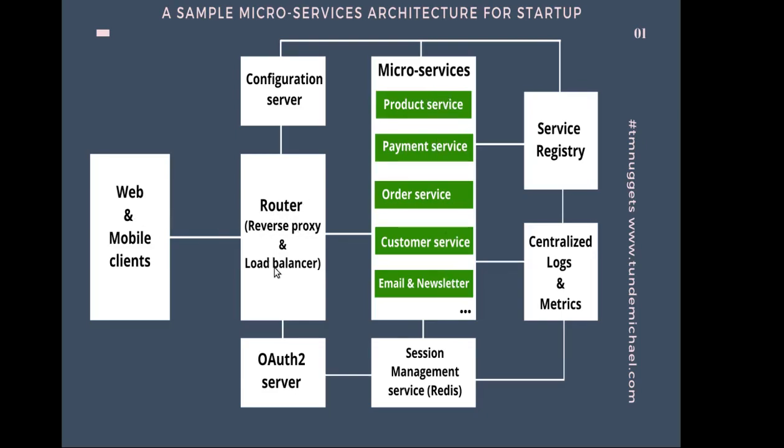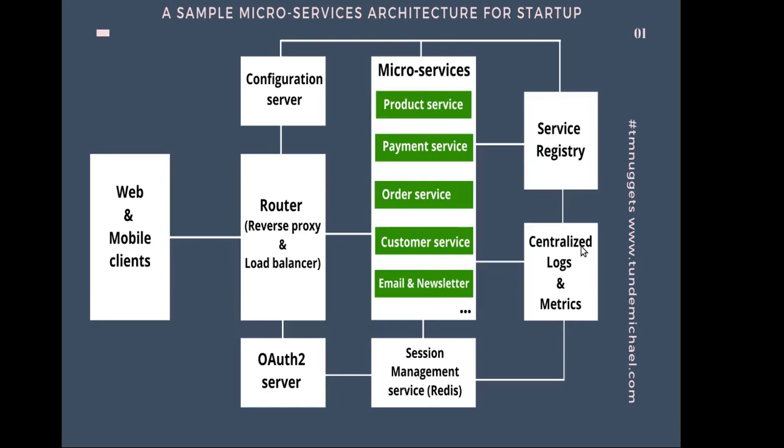They need to get through the router, and the router uses the unique name, which is part of the URL, to locate the appropriate microservices. Don't forget, the router needs to call the service registry first to get the location of each of the microservices we have. We have the centralized logs, like I mentioned.